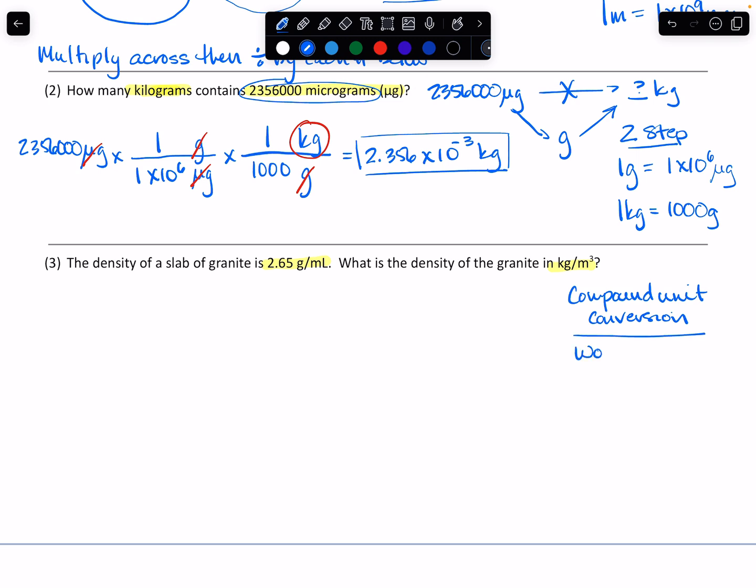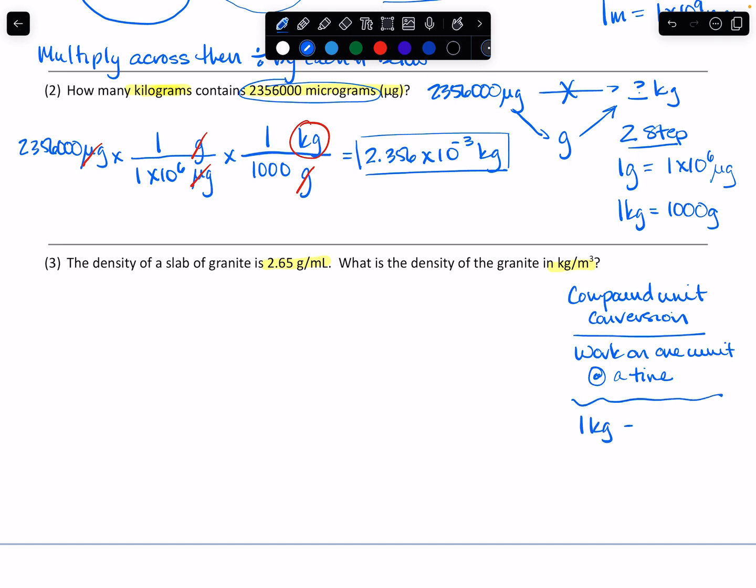So my advice, work on one unit at a time. In other words, I'm going to look at converting grams to kilograms, and then I'll think about milliliters to meters cubed. So let's think about grams to kilograms. Do I know a unit equality between those two units?